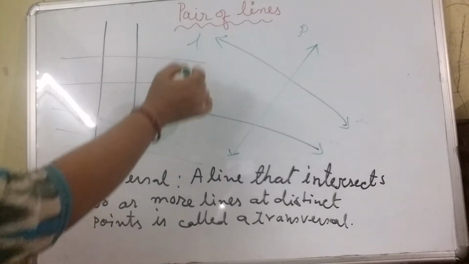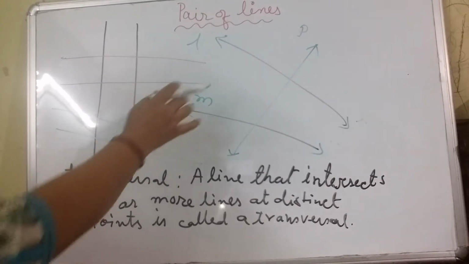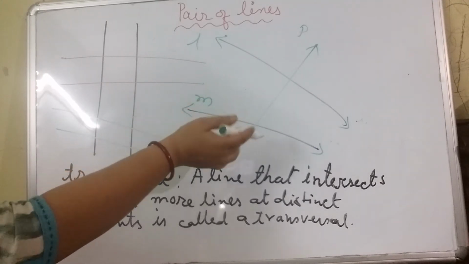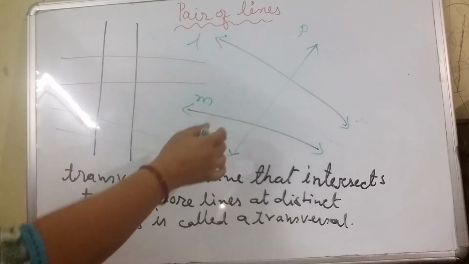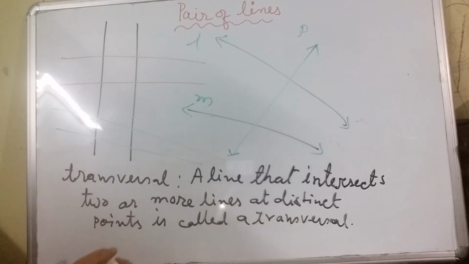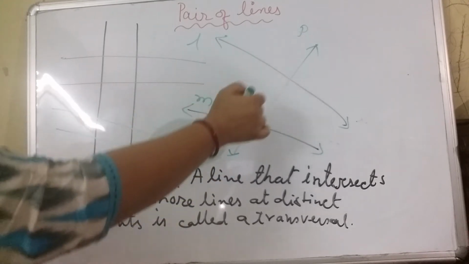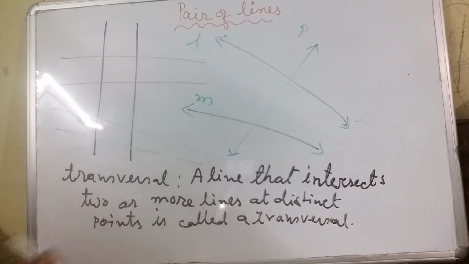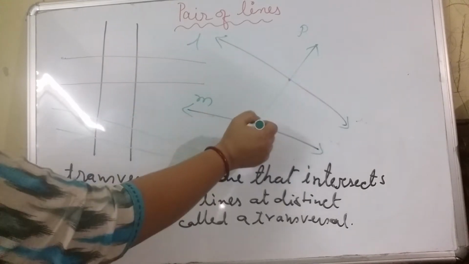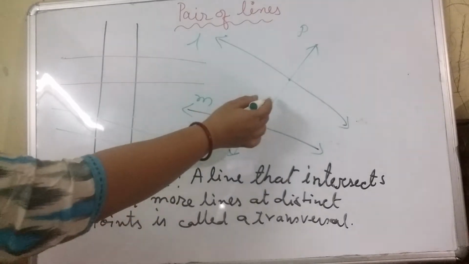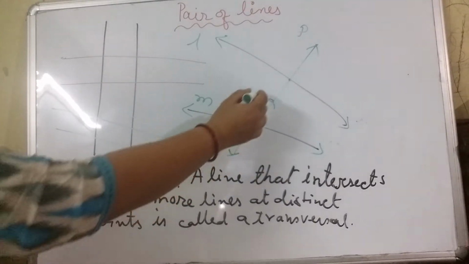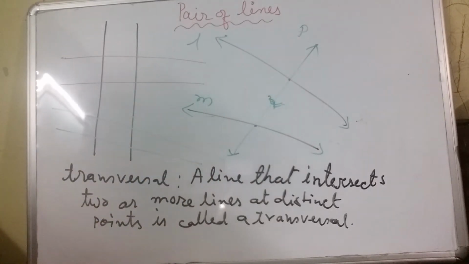That these are 2 lines. They are not parallel lines. Okay, they are 2 lines and this line P is crossing these 2 lines. Okay, at 2 different points. Okay, so this type of line P is called a transversal line.